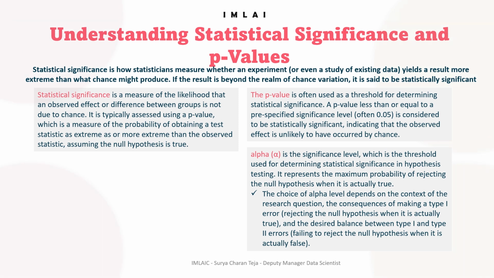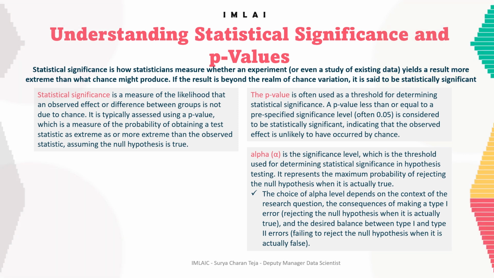So again, I'm repeating, a significance level of 0.05 means there is only a 5% chance of rejecting the null hypothesis when it is actually true. That is the reason that if the p-value is less than or equal to 0.05, we outright reject the null hypothesis and conclude that there is a statistically significant effect or difference.